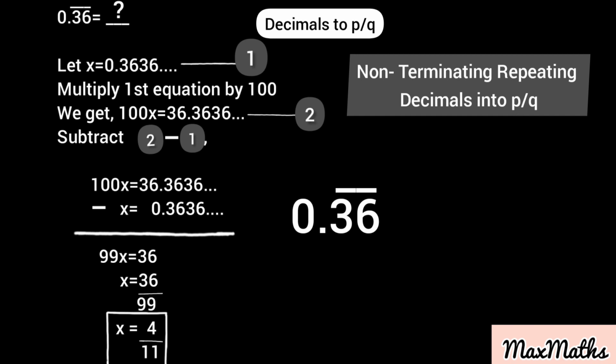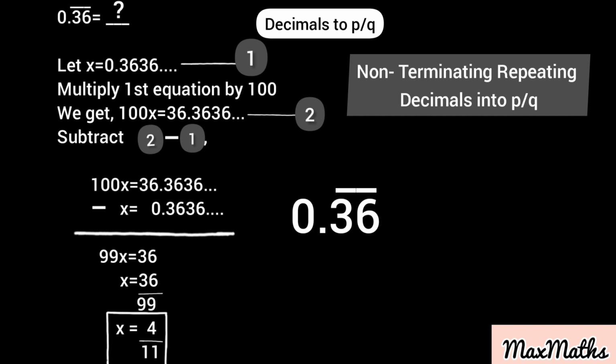We will now multiply the first equation by 100. We are multiplying the first equation by 100 because there are 2 repeating digits after the point. If there are 3 repeating digits after the point, we'll multiply the equation by 1000, and if a single digit is repeating after the point, then we'll multiply the equation by 10.